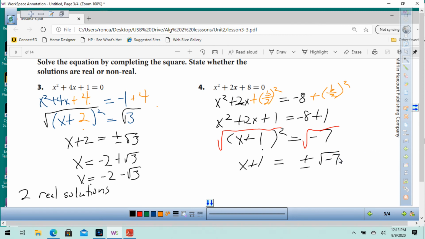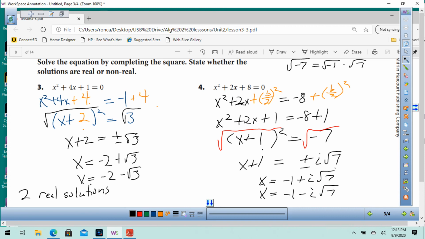Well, the square root of -7 equals the square root of -1 times the square root of 7. The square root of -1 is i, so we're going to make this i times the square root of 7. Subtract 1 from both sides, and you got x equals -1 plus i times the square root of 7, and x equals -1 minus i times the square root of 7.